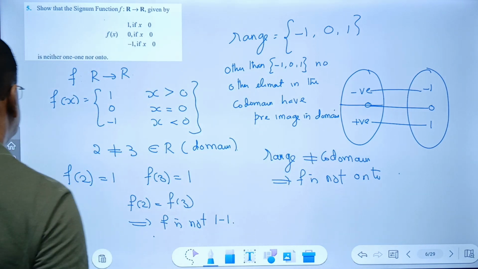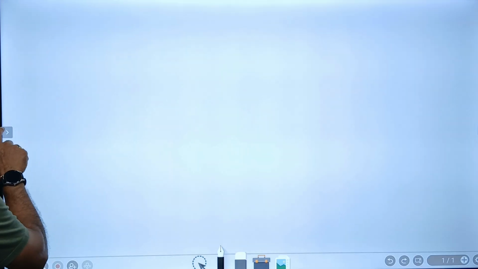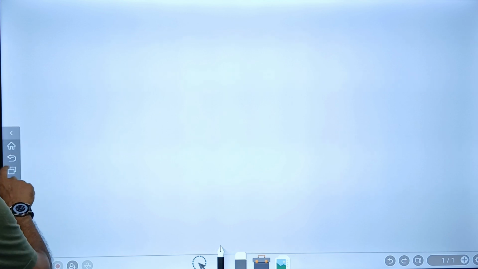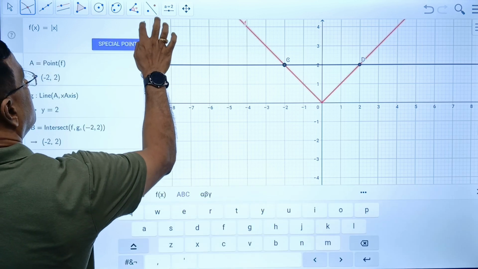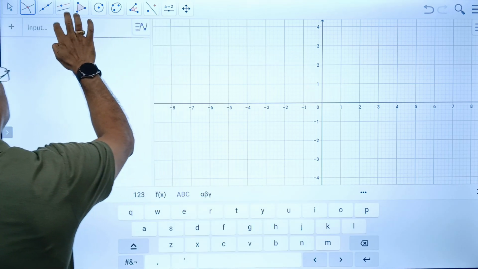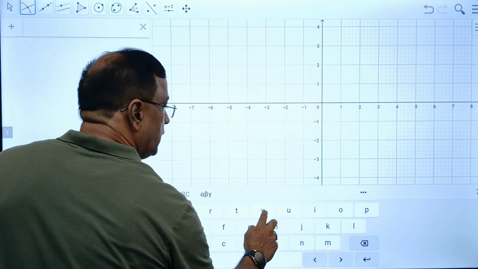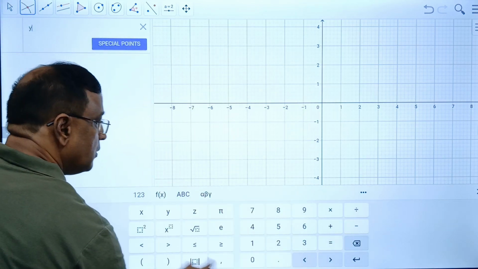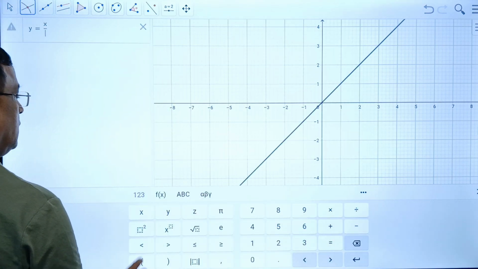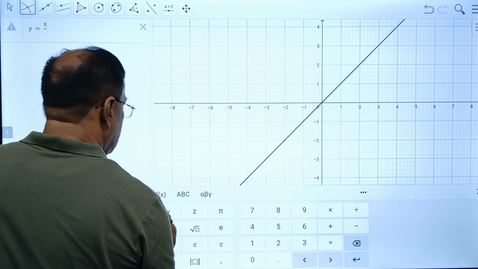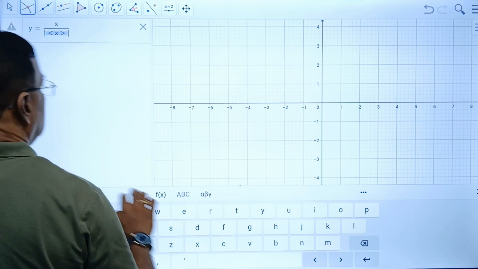Okay, I can just show you the signum function slightly. Let's see whether you're able to follow this. Just a second, I made a mistake. What is the signum function? First of all, I will define y equal to x divided by absolute x.